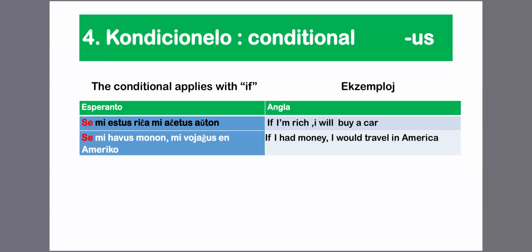If I am rich, I will buy a car. And this is the formula which makes the language easy. So this is the condition.